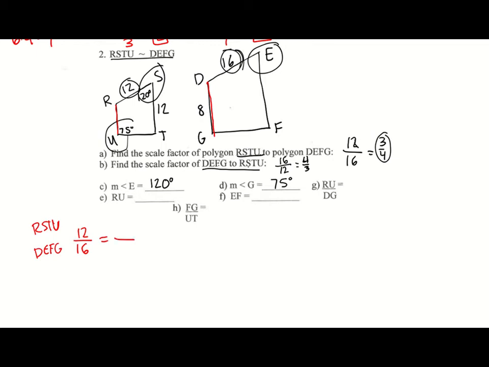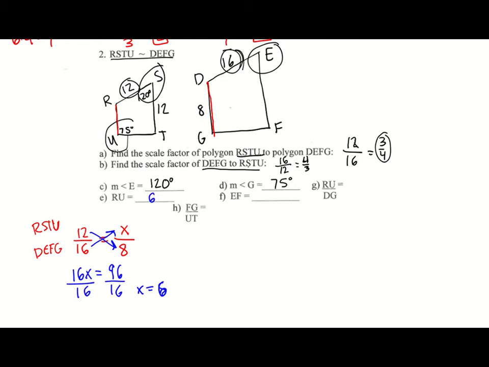So that 8 is going to go on the bottom, it's DG, and this is my RU. That's what I'm solving for. So I'm going to cross multiply. 16x is equal to 12 times 8, which is 96. Divide both sides by 16, I get x equals 6. So that is my value for RU.